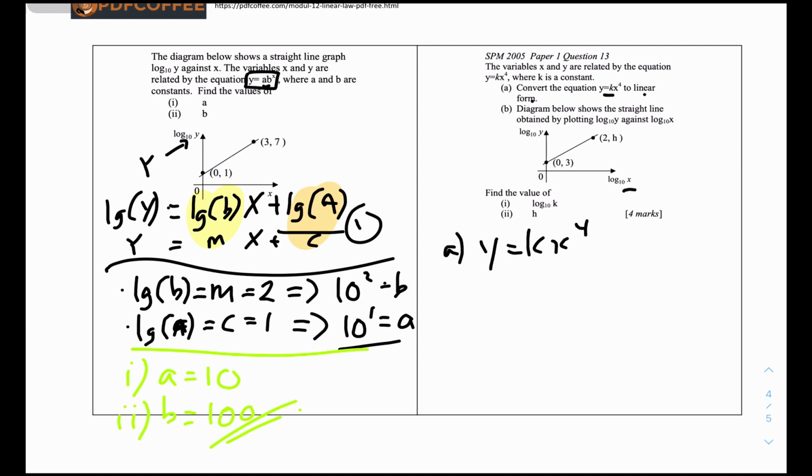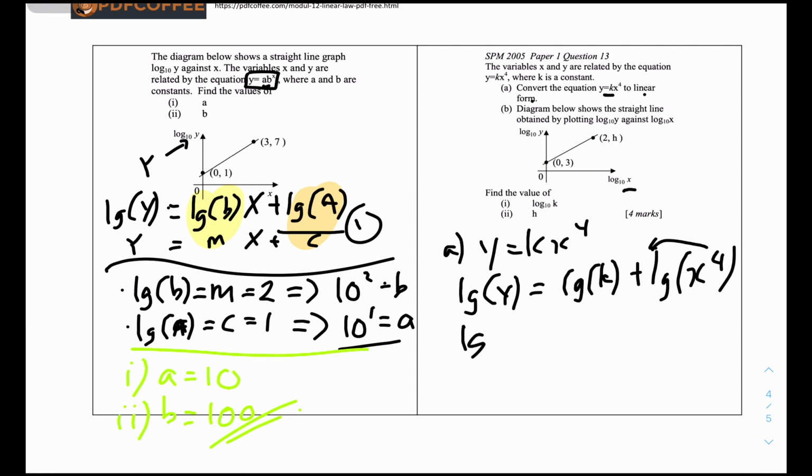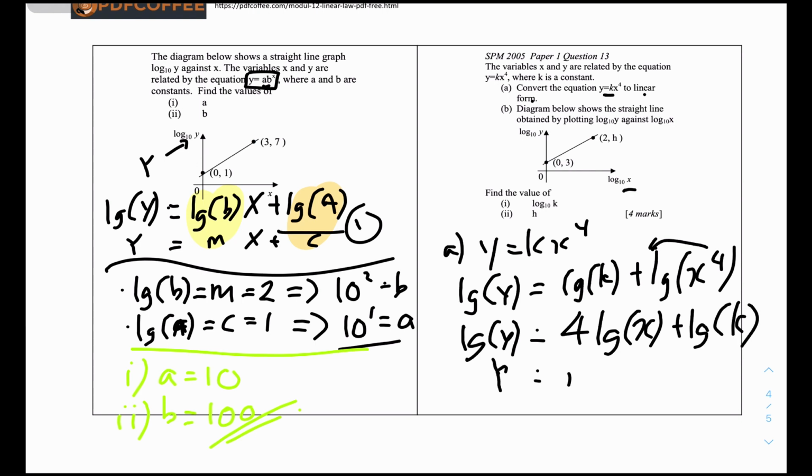Take the log of both sides, it will be log y equals log k plus log x to the power 4. You drag the 4 down, so it will be log y equals 4 log x plus log k. So it will be y equals mx plus c. So we do have the y and the x.